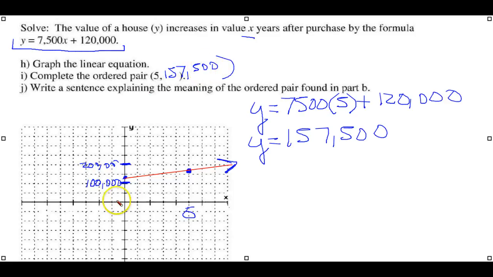Well, after an original purchase here, in 5 years, the house would have increased in value, so now the house would be worth this much money. And theoretically, according to this formula, it's going to increase in value this much each year. This is the number of years, and this may be the value of the house or what you paid for it initially. And there's the graph.